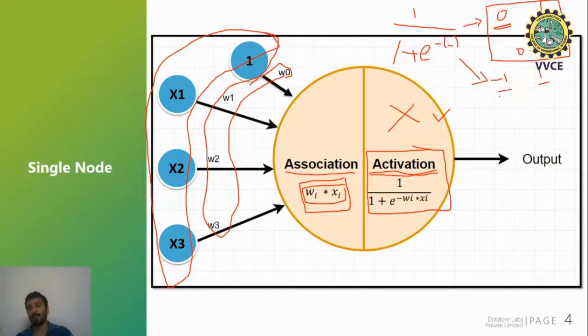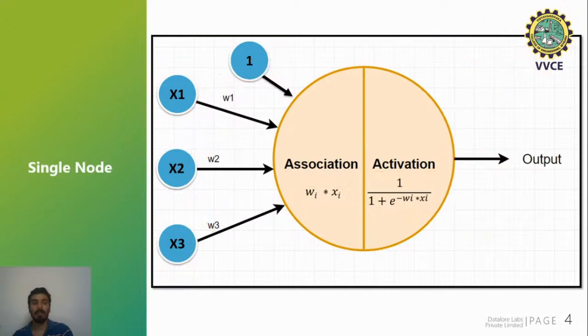Here -1 means it is negatively activated, +1 is positively activated, and if it is 0, it does not send any information, or it's simply called not activated. Whatever you get here from the activation is your output value. Let me just erase everything.